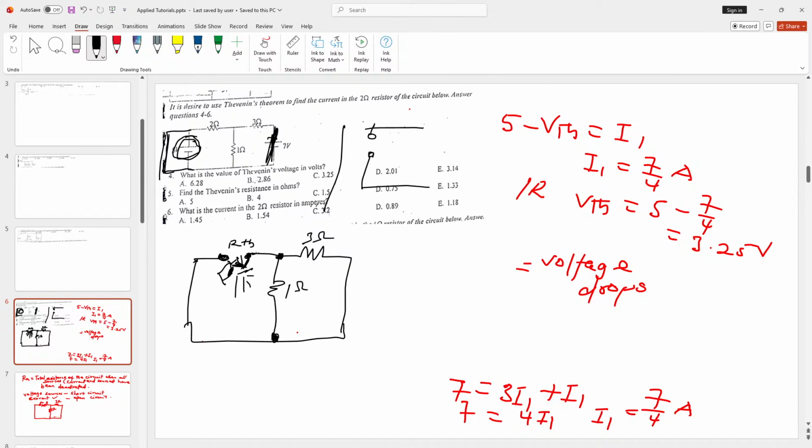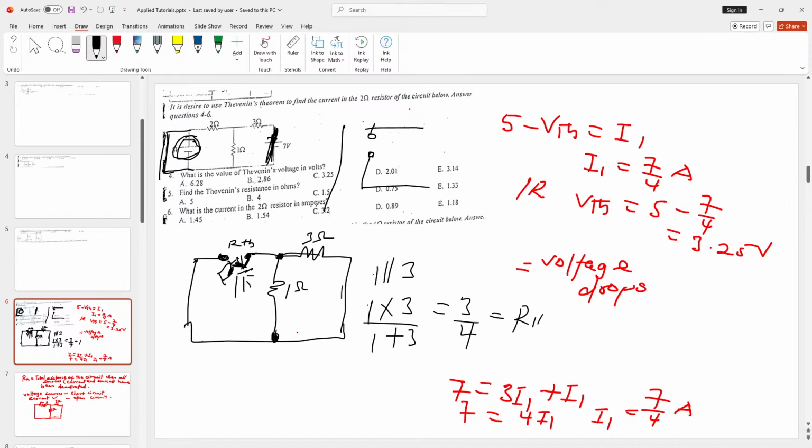Also, I can move from here through this resistor and back without meeting any other elements. Anytime you have a situation like that, we say those 2 resistors are in parallel. Now, 1 in parallel with 3, we have product over sum: 1 times 3 over 1 plus 3. What are you going to get? 3 over 4. So that is our RTH.